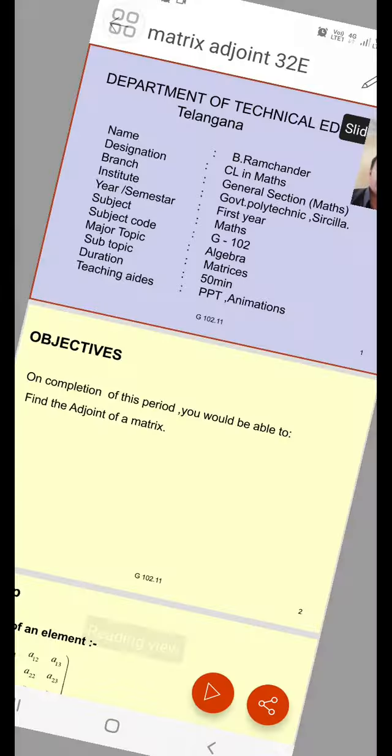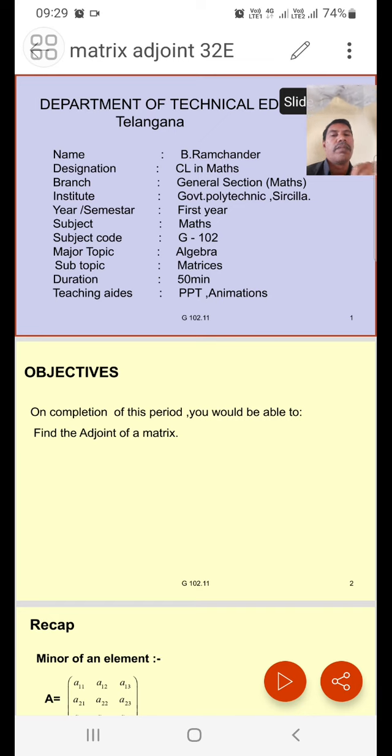So here we learned what is minor, what is cofactor, and what is adjoint matrix. Let us revise or recall once again.